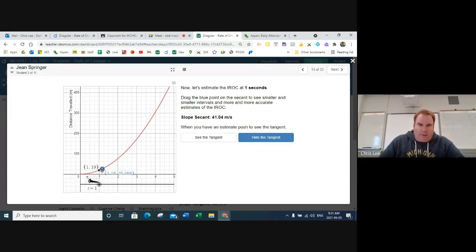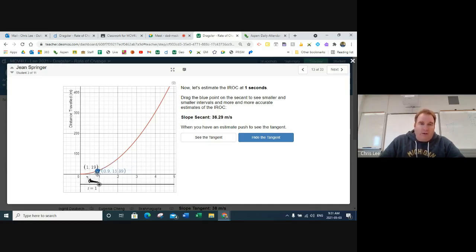So in your head you are probably estimating about how steep the secant is. I'm going to get a secant. Oh, I can't get it right on there. I'll go from 1 to 1.02 seconds, and it says the steepness is 38.3 meters per second. I can see it's getting smaller and smaller, getting closer and closer.